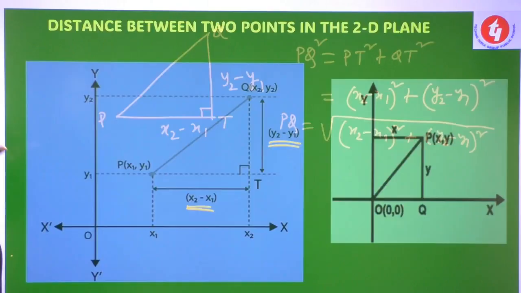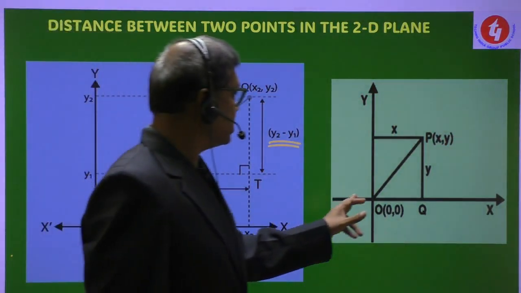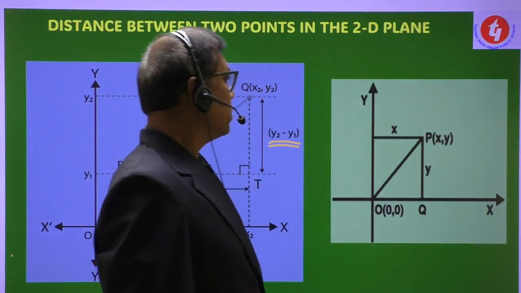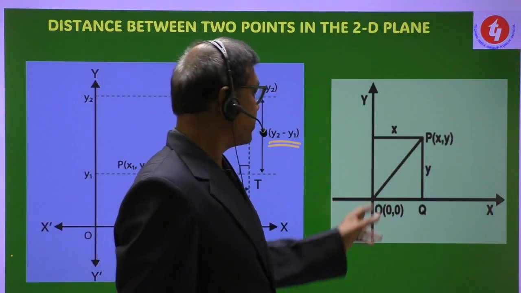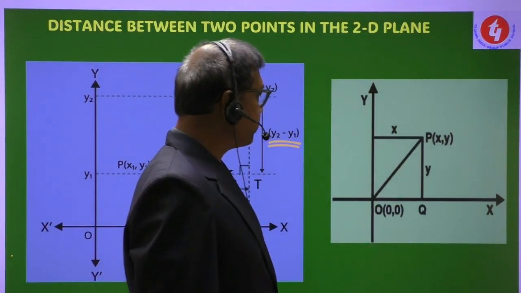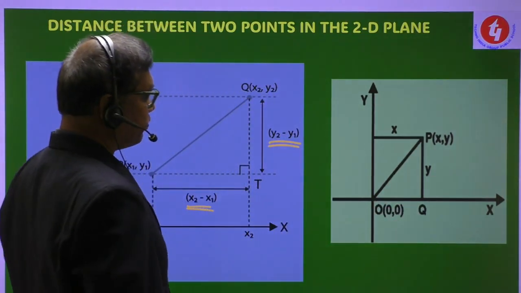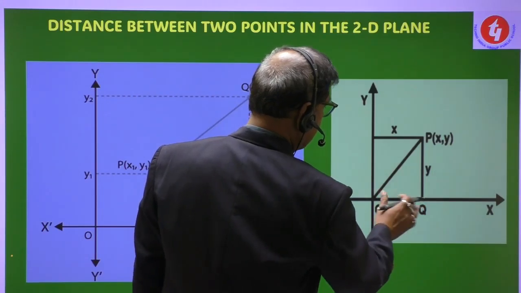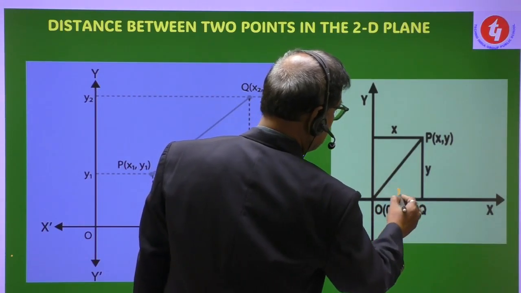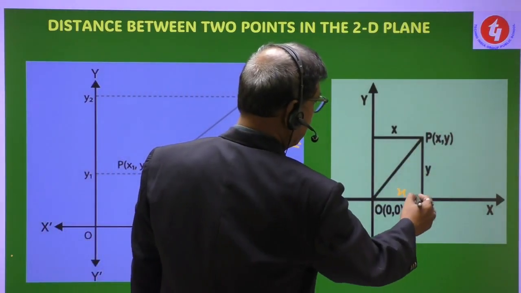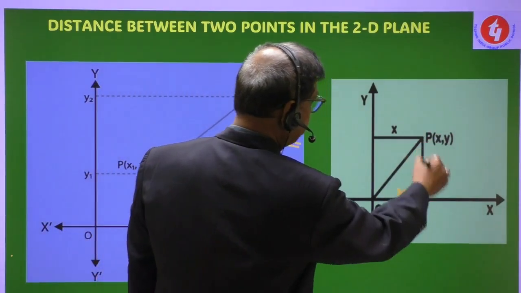Now we'll find a particular case: distance between origin and a point x, y. A point whose coordinates x, y. What will be the formula? See here, from origin to this point, length is X, and this is Y, and this is right angle.